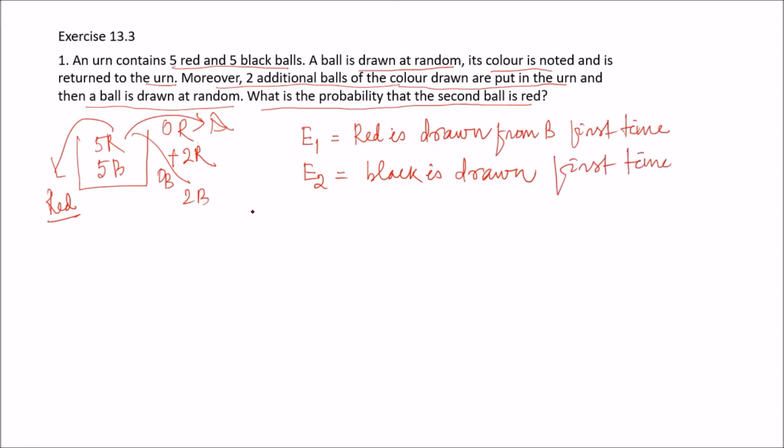Then the probability of E1 is equal to 5 by 10, because total balls are 10. This is 1 by 2. E2 is also 1 by 2.